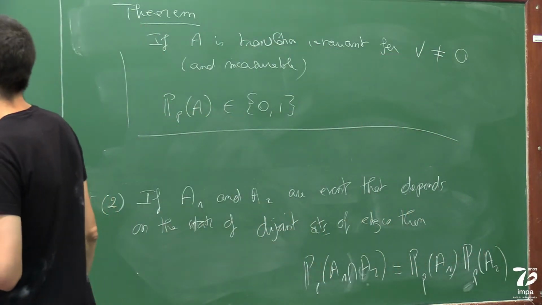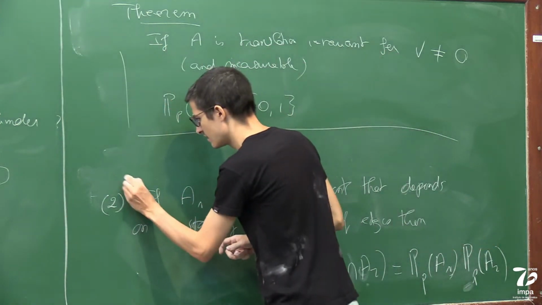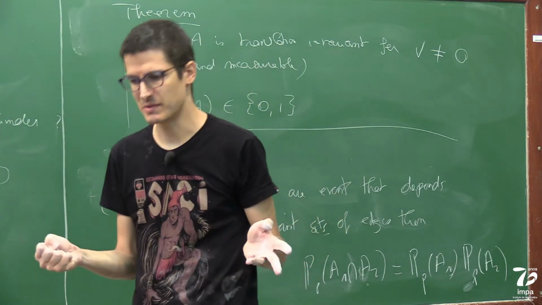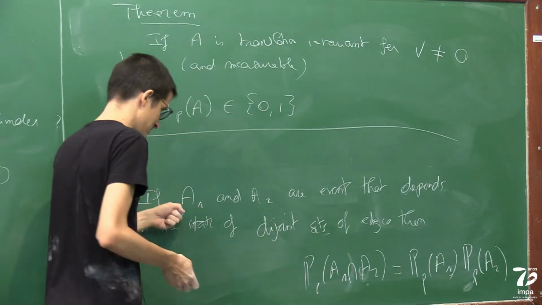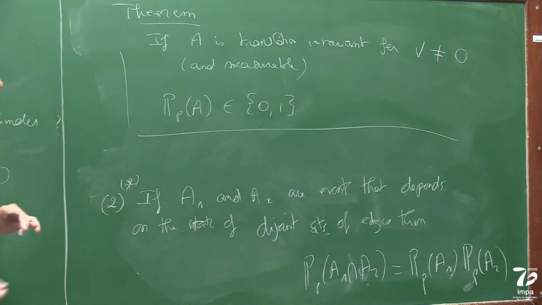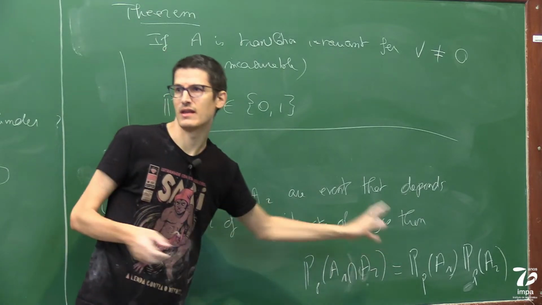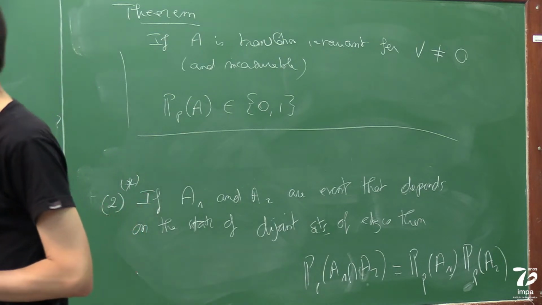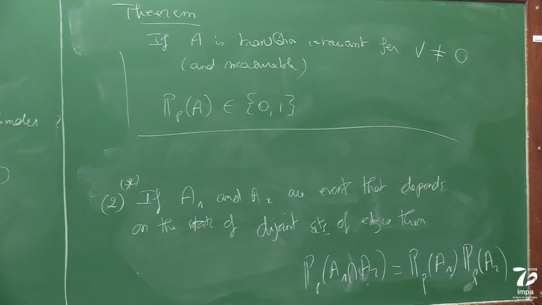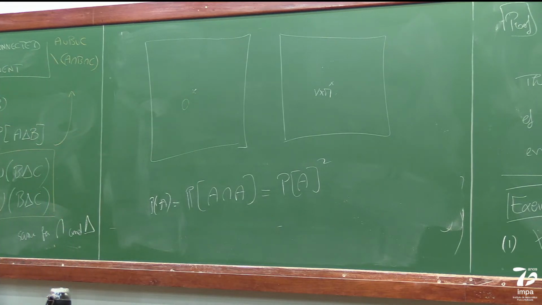To prove this, which is harder than the first one, you use the approximation theorem, saying I can approximate A1 and A2 by things that depend on finitely many edges, and I can do it in a way such that these sets are still disjoint. Then I can pass to the limit. This was a bit of a parenthesis. Here, in fact, I'm only going to use this for events that depend on finitely many edges.